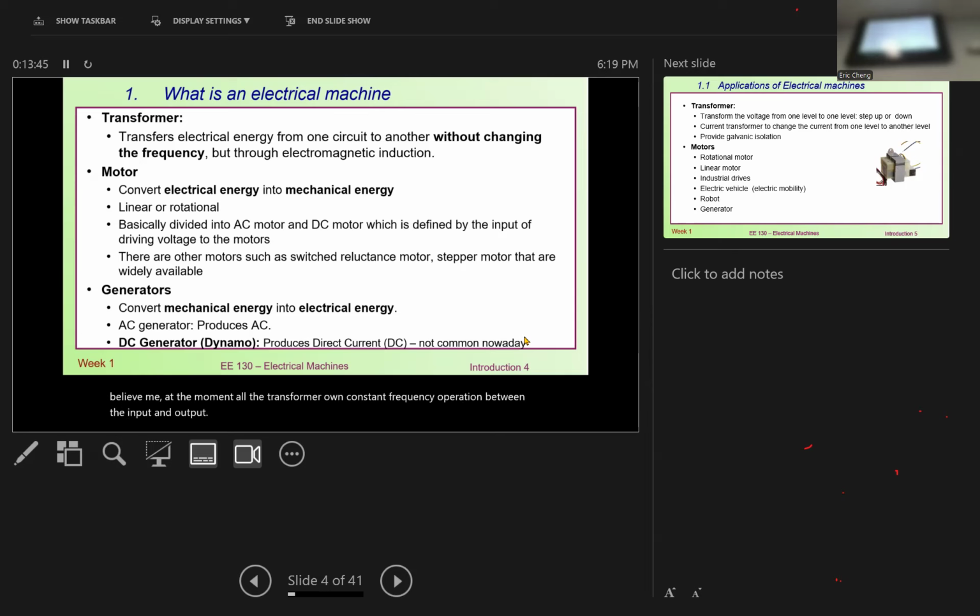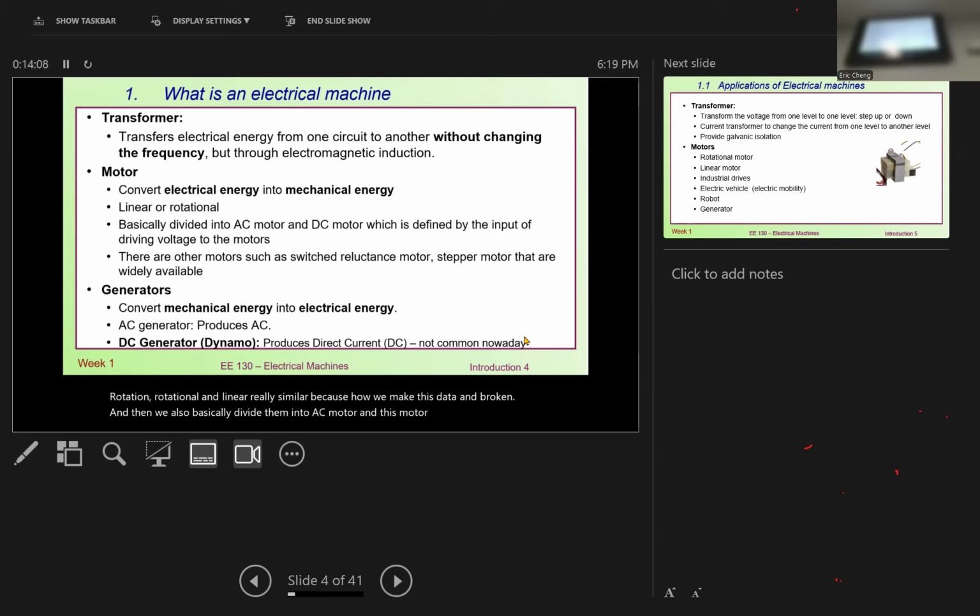And of course, motor is the major item we study in this course, with more different types of motor. That may include linear motor and rotation motor. Rotational and linear are really similar; it's just how we make the stator and rotor. We also divide them into AC motor and DC motor.